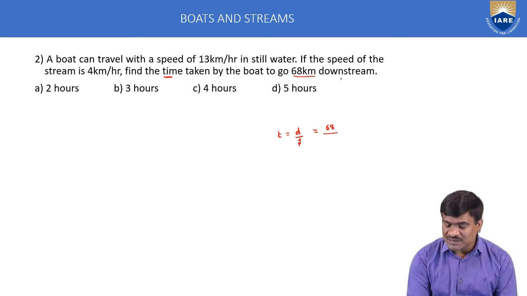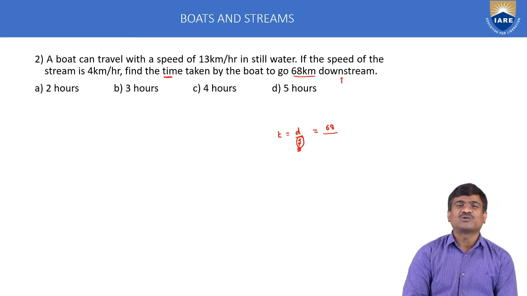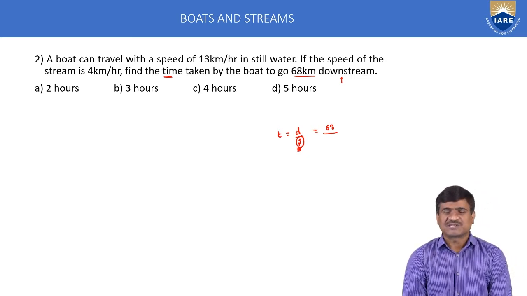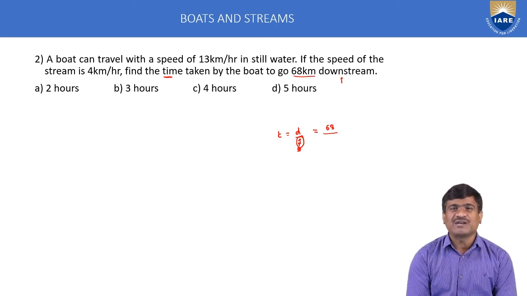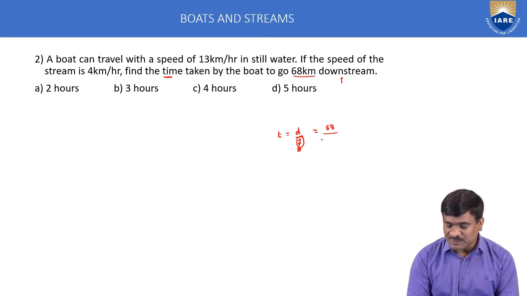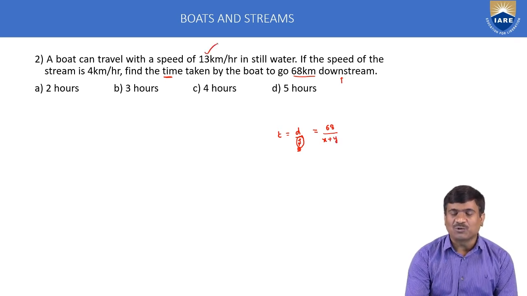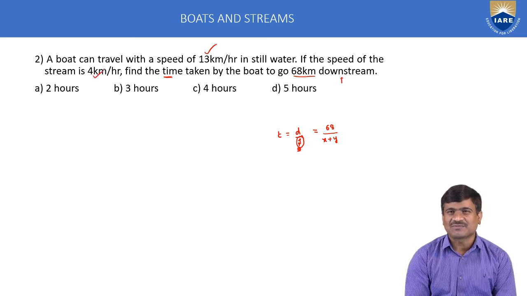Here the clue is downstream. If the problem belongs to boat and stream, you calculate only either the speed of a downstream or the speed of an upstream. Here downstream is included, so calculate only the speed of a downstream. The speed of a downstream is x plus y, where x is the speed of a boat and y is the speed of a stream.